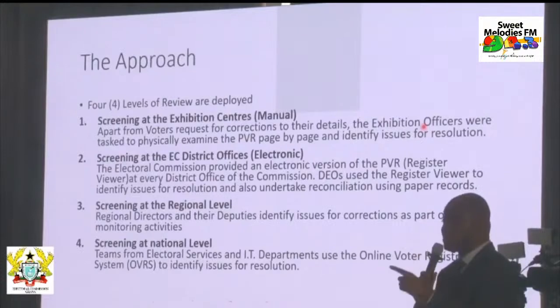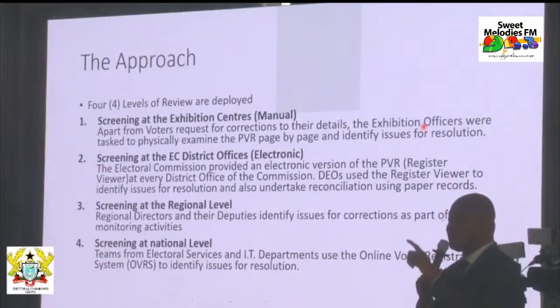So it was essential that once an error is corrected, they be able to look at it and confirm that indeed the error had been corrected. So they had access to this tool that gave us the voter database as is. And so they were able to verify whether errors that had been reported had been corrected. And that was the electronic means.